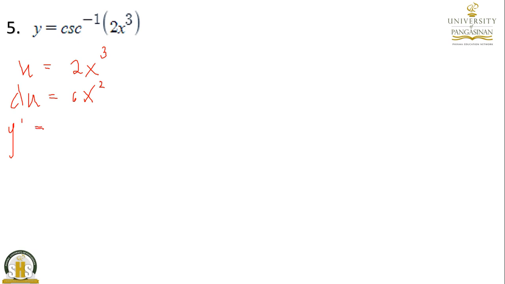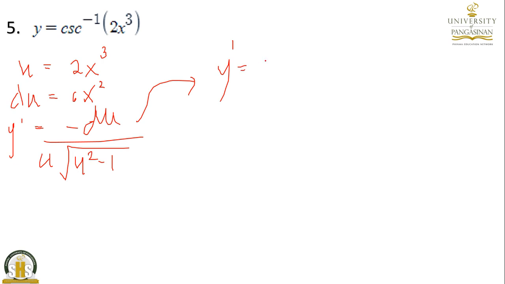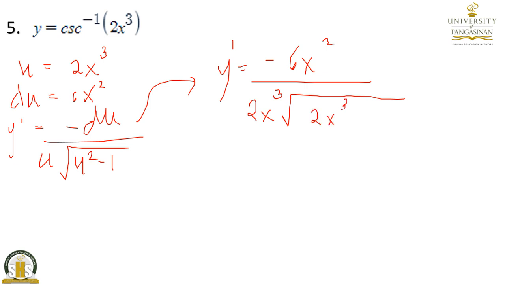And based from the definition of the derivative of the inverse CSC, negative du, and then meron tayong u square root of u squared minus 1. So, substitute. Negative du, negative 6x squared. Tapos, meron tayong u na 2x cube. Then, square root of u squared minus 1, our u here is 2x cube.